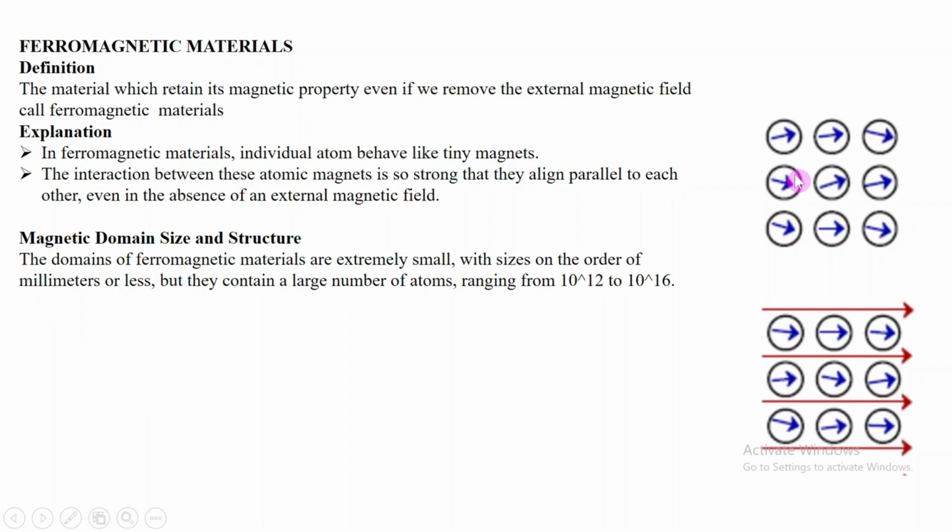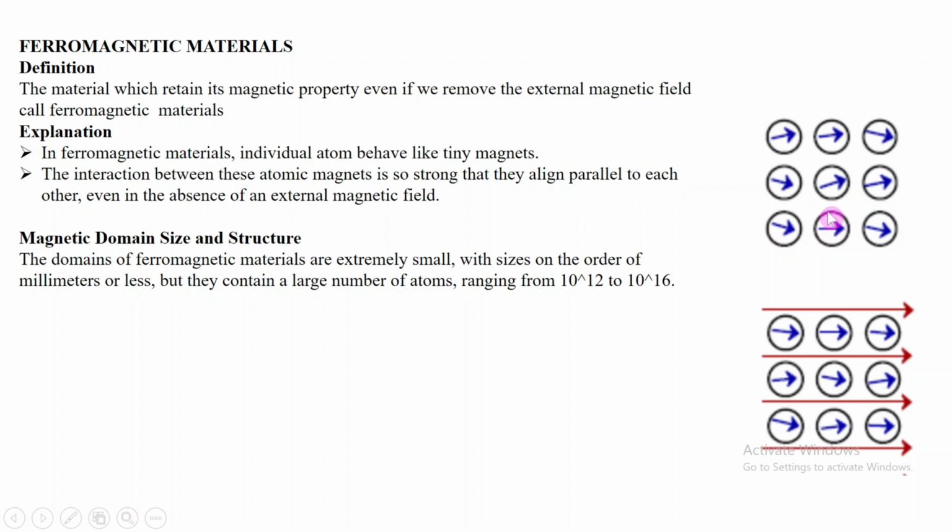Okay, so the magnetic domain of the ferromagnetic material is so small, but that magnetic domain consists of a large number of atoms, about 10 power 12 to 10 power 16. As we have discussed in the previous lectures about polycrystalline material, in polycrystalline material we have a large number of tiny crystals. We call them a grain, or domain.